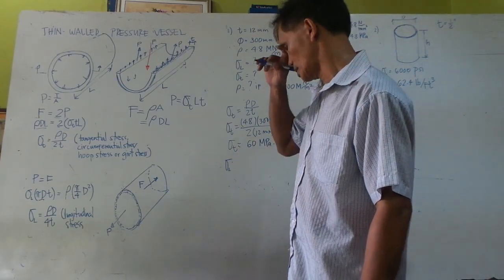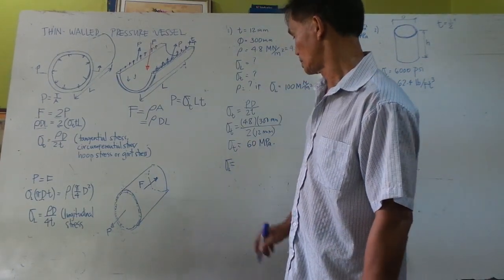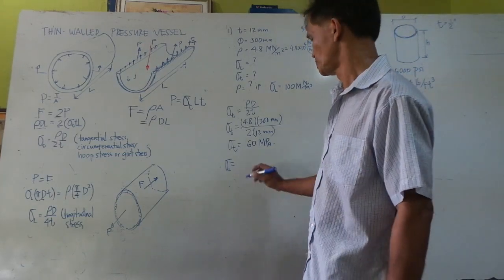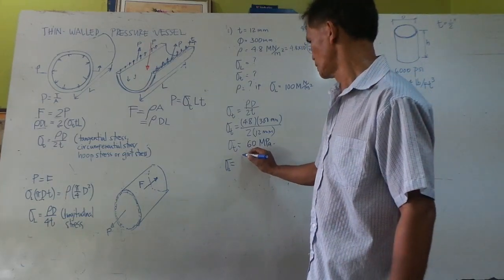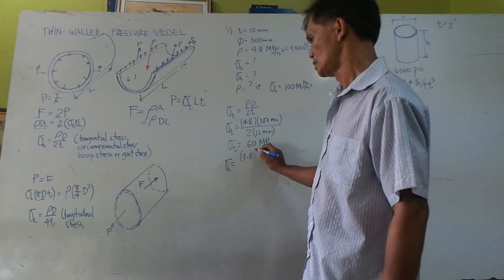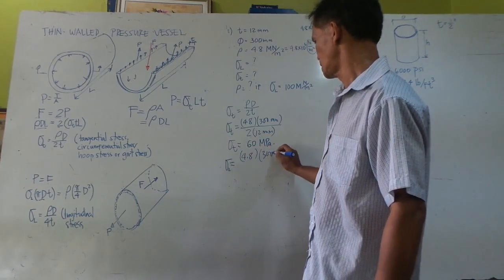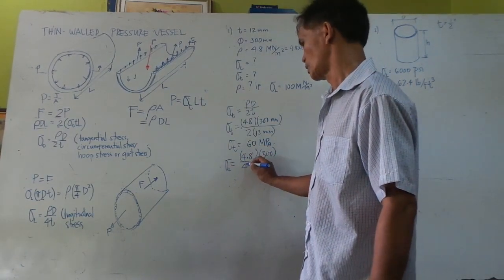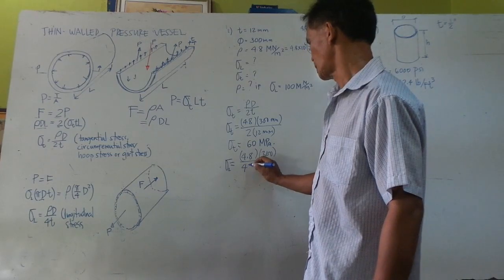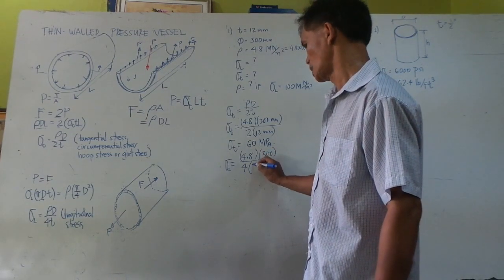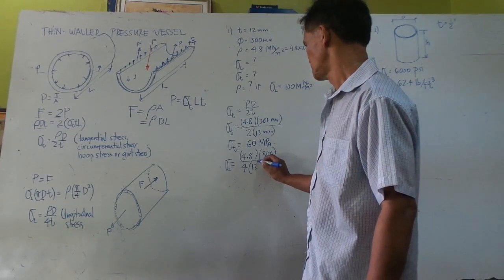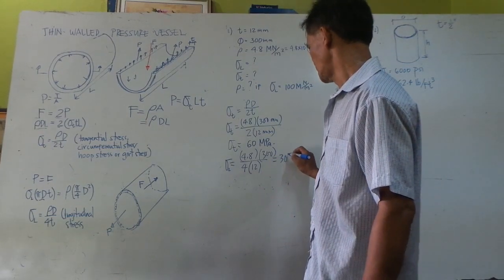Your sigma equals P times the diameter over 4t, which is 4.8 times 300 divided by 4 times 12. So you will have 30 megapascal.